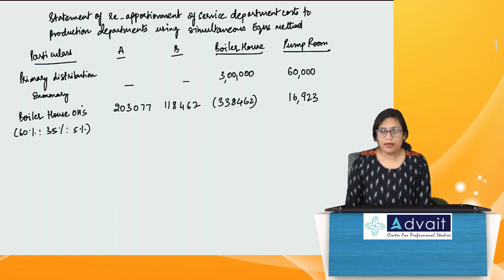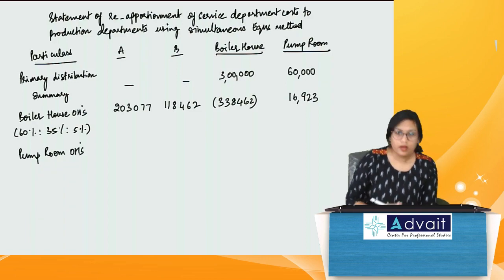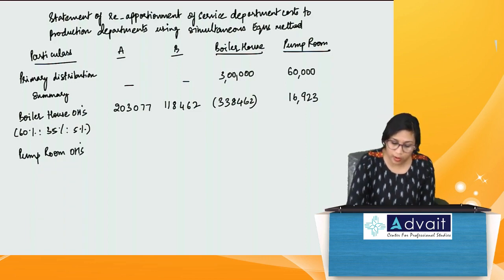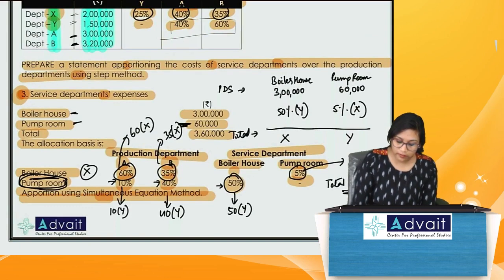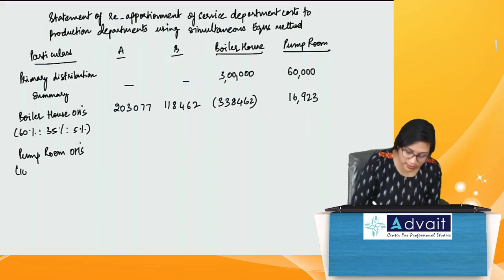Guys, okay? Now, pump room. How is pump room going to give away overheads? It's going to give away overheads as 10%, 40%, 50%.